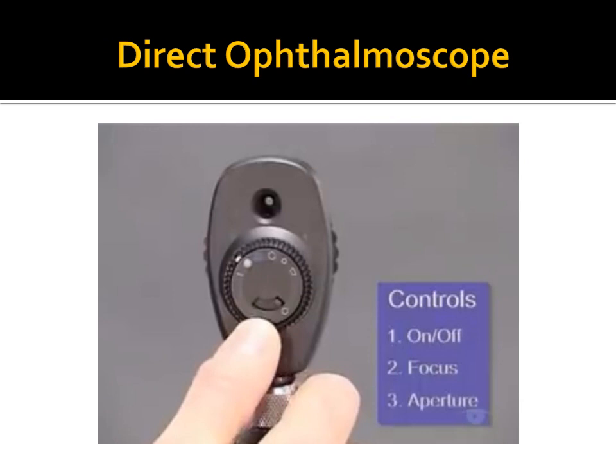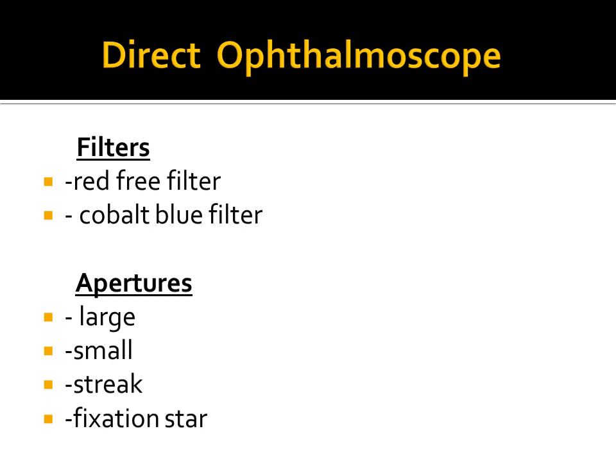There are certain apertures. In the later slides, we will discuss the function of the various apertures. In the ophthalmoscope, as I told, there are apertures like a large one, a small one, a slit, and a fixation star. There are certain filters also, the red free filter and the cobalt blue filter.